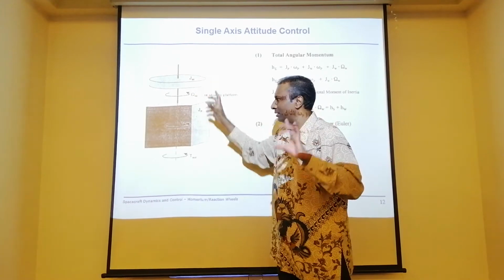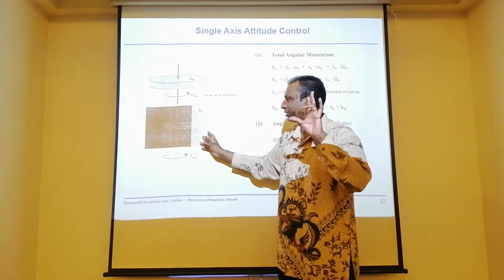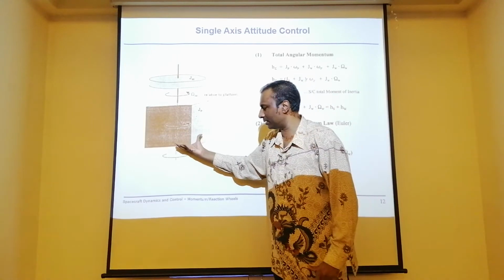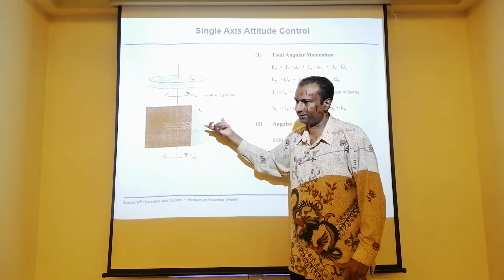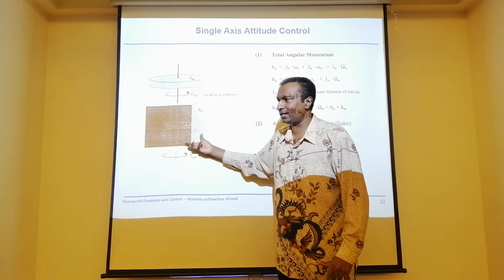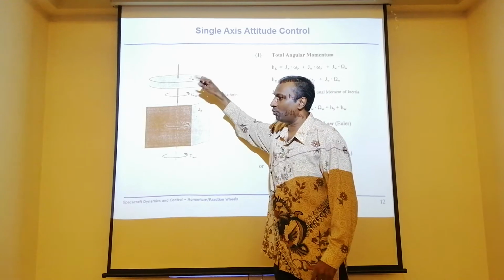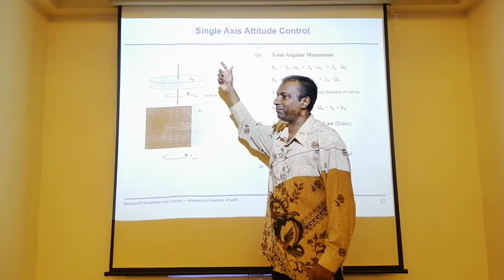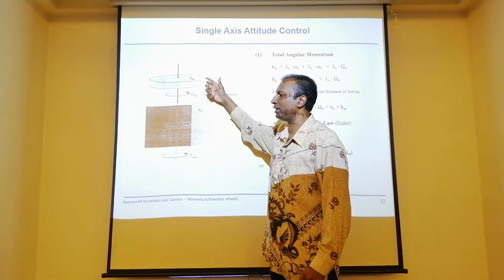So there are two rotational motions here. The platform is rotating, the wheel is rotating, and because of the platform rotating, the wheel also will rotate.